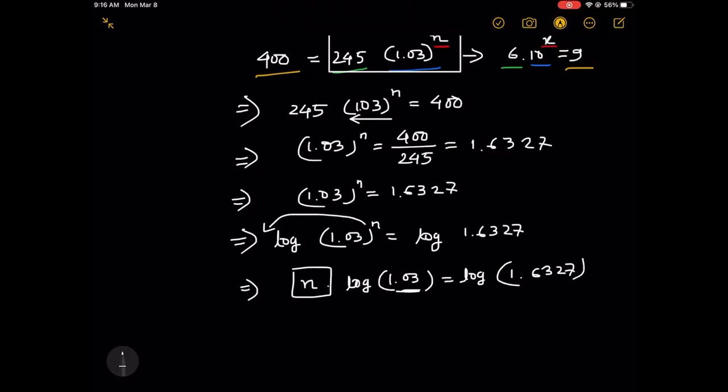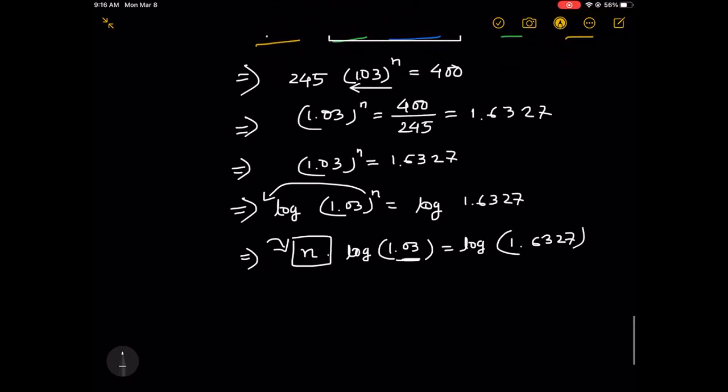Can we divide both sides by log 1.03? Very good, because if you remember, we are always trying to isolate the unknown variable, whatever we are asked to solve it for. So we're trying to solve it for n. Somehow or other, we need to isolate that. That's the most important thing.